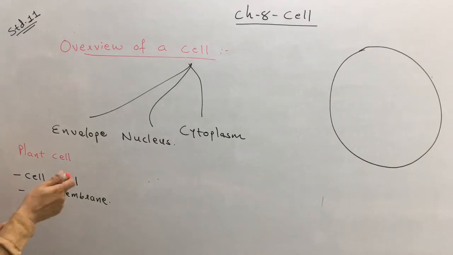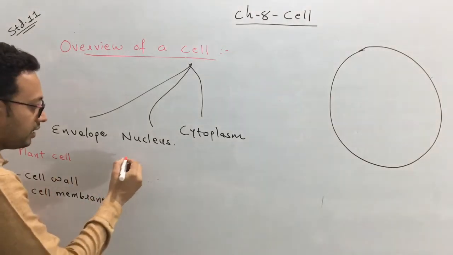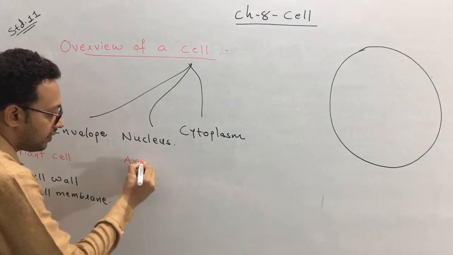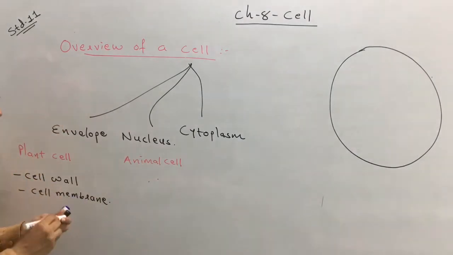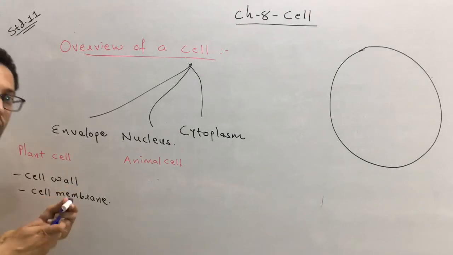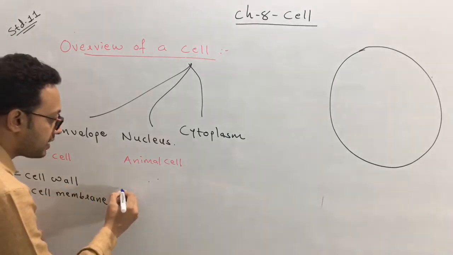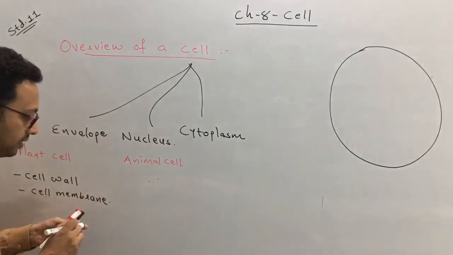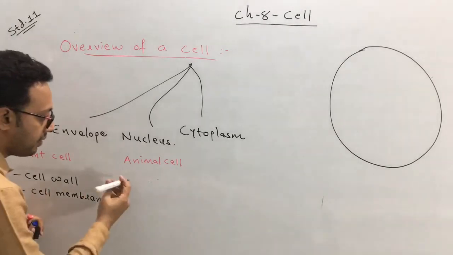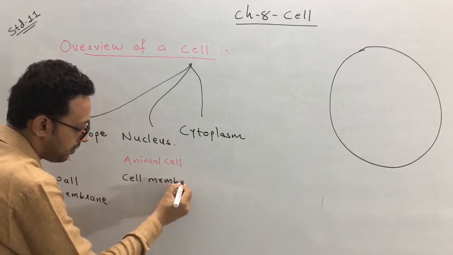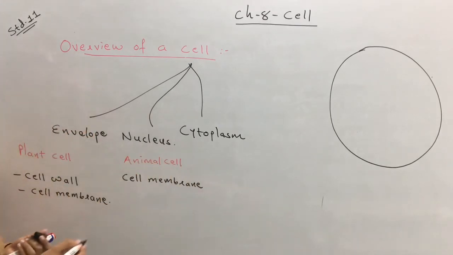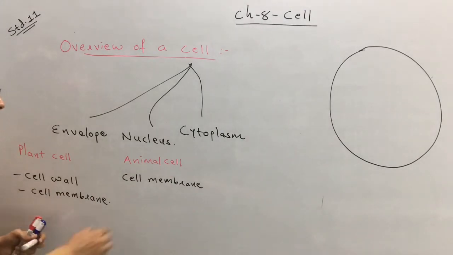Now consider another one, an animal cell. The animal cell has only one layer or boundary surrounding it, and that is the cell membrane. There is a single layer around it, which we call the cell membrane.